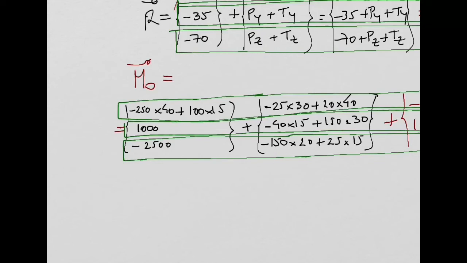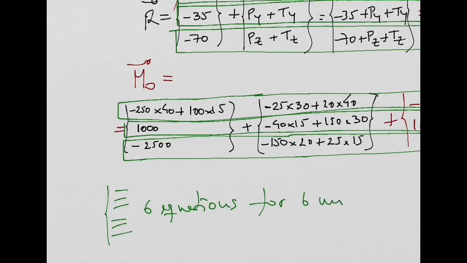And then what you have here is a system of 6 equations for 6 unknowns, which are px, py, pz, tx, ty, tz.